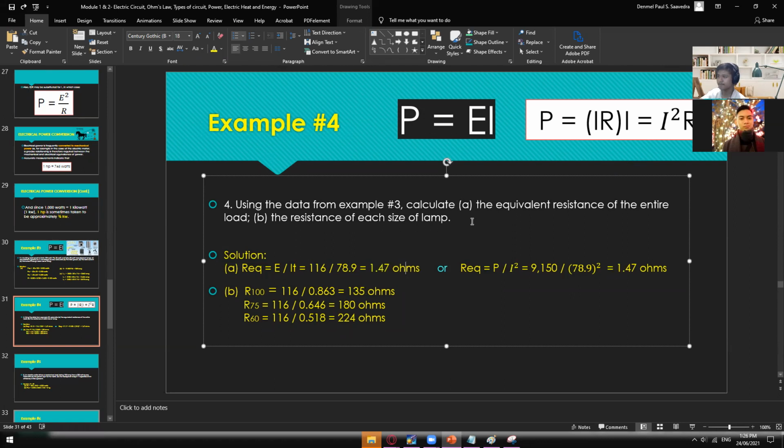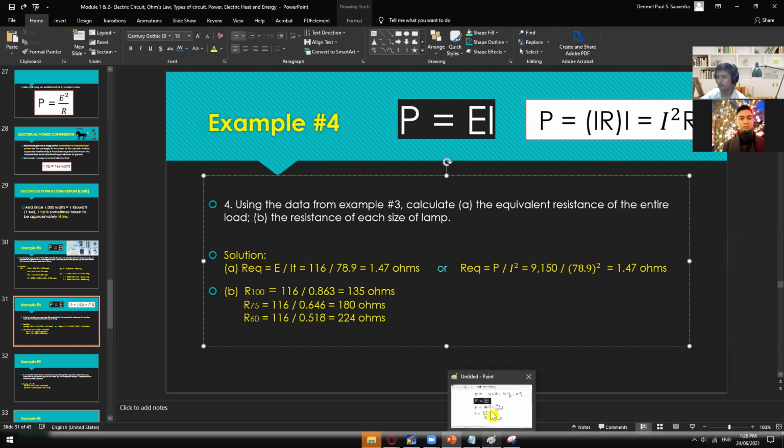And then for the individual resistances, all you need to do is get the individual currents and the individual voltages. But since I mentioned that they are in parallel connection, you only have one value when it comes to voltage, which is 116.